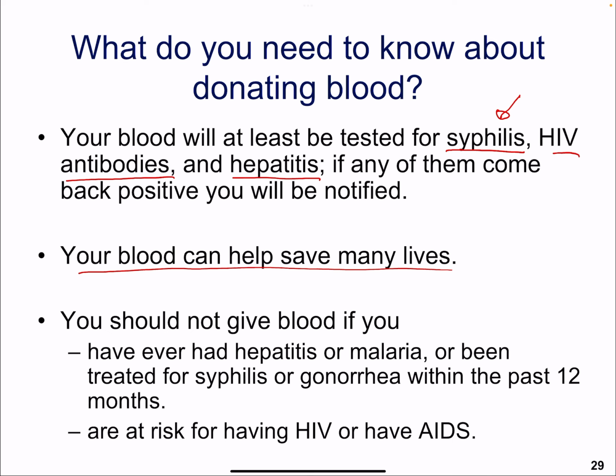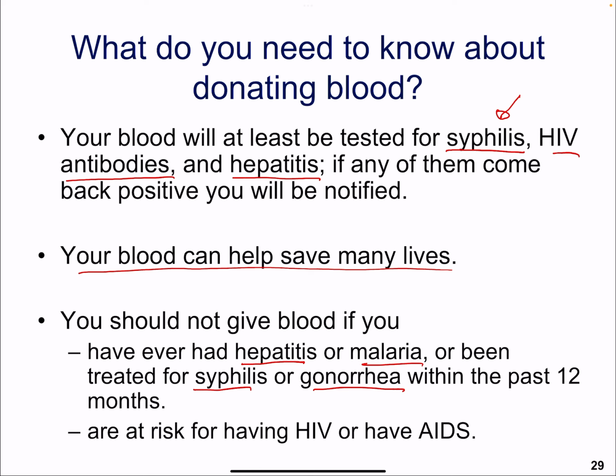So some of the things you should know is that if within the past 12 months you've experienced some infections, including hepatitis or malaria, or have been treated for syphilis or gonorrhea, which are both sexually transmitted diseases, you should not actually offer to do a blood donation.